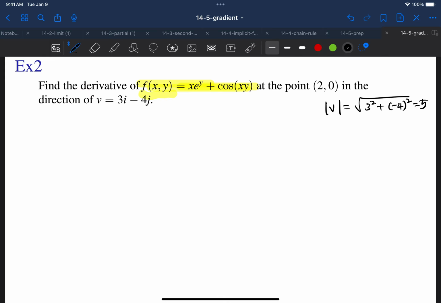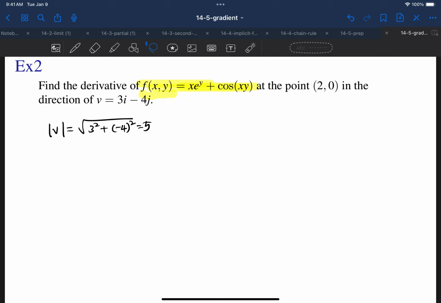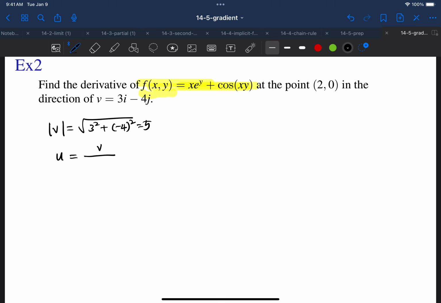So first of all, we can see that the moving direction is not directly given. We have to find it out. If we say the direction you're moving along is u, then this is the normalized vector, v divided by its length.